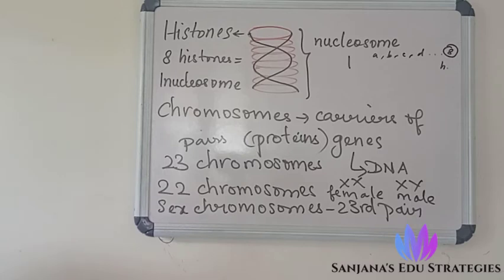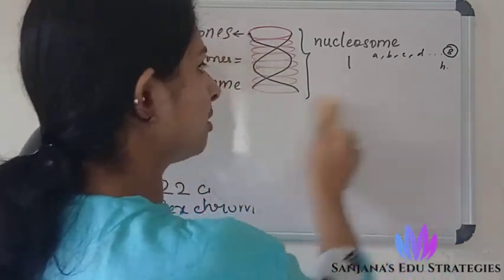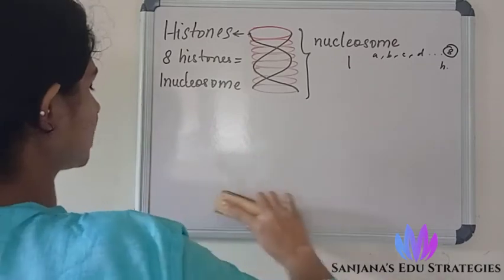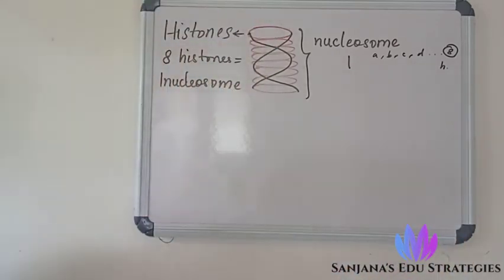Now we'll see how proteins are being formed. For that you have three processes: DNA replication, transcription and translation, which you will learn in higher classes. But at present I'll just teach you how these proteins are being coded by the genes, because you have to know that to understand what these genes are for.